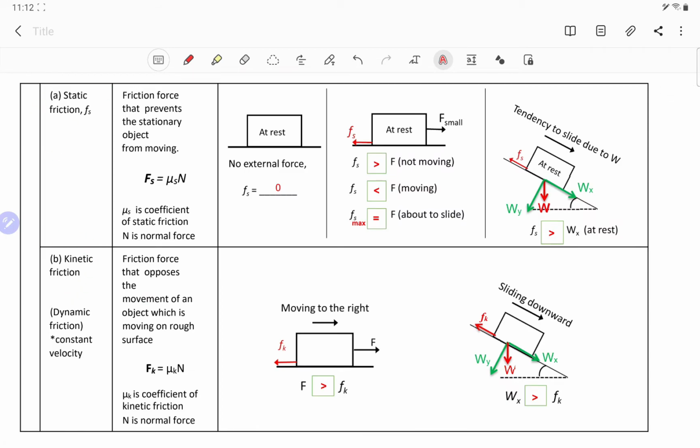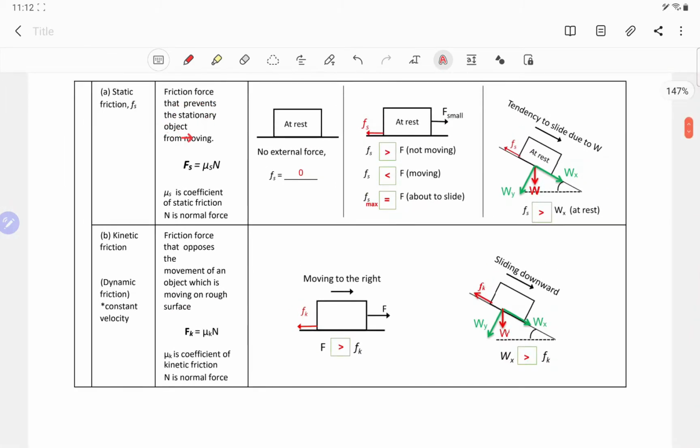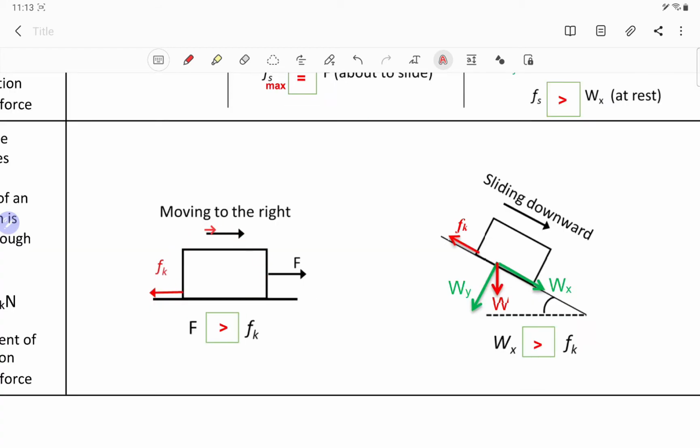Now we look at kinetic friction. Kinetic friction is the friction force that opposes the movement of an object which is moving on rough surface. So, yang tadi tu dia memang tak bergerak. So, static friction. Now, the object is moving on rough surface. So, kita ada kinetic friction. The formula is the same. Cuma kita punya coefficient tu adalah lain lah. Coefficient of kinetic friction, mu K. Okay, so we can now see the object.